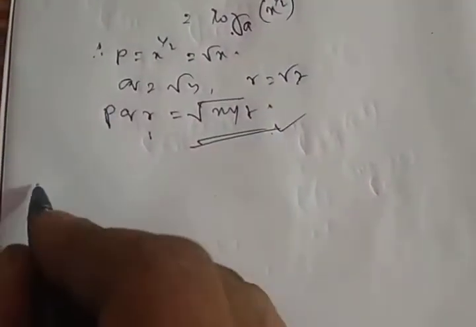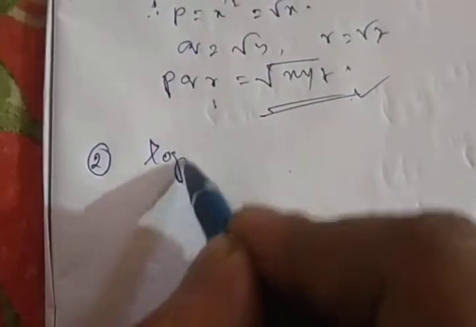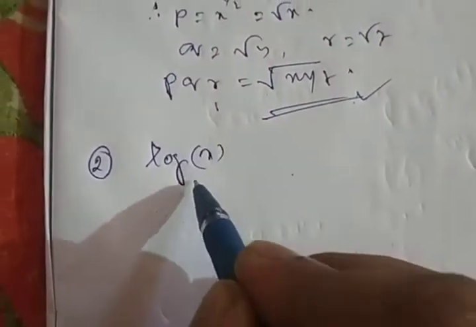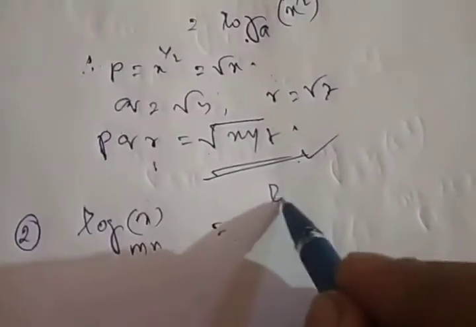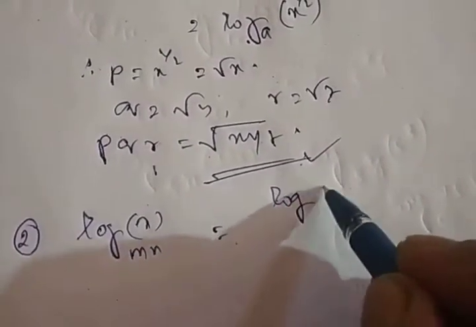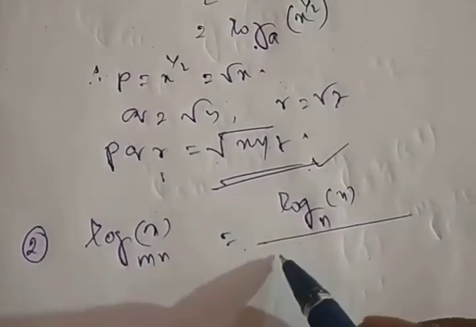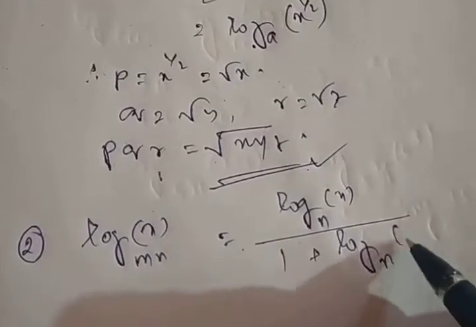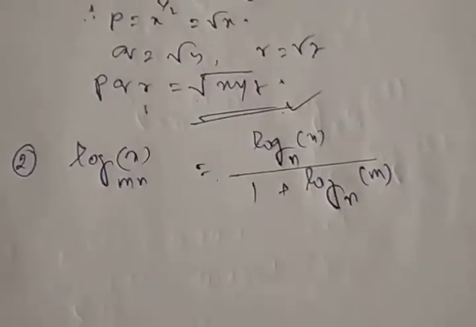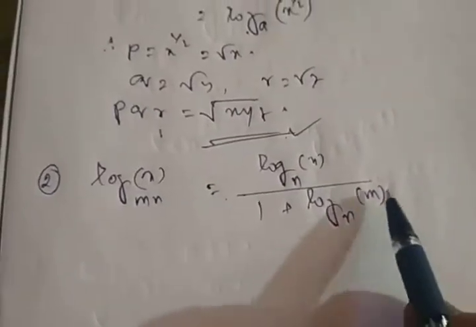The second question: log of x with respect to mn is log of x with respect to n divided by 1 plus log of m with respect to n.